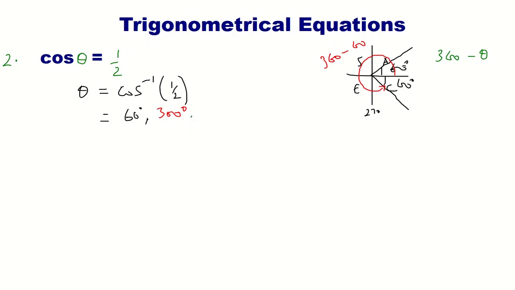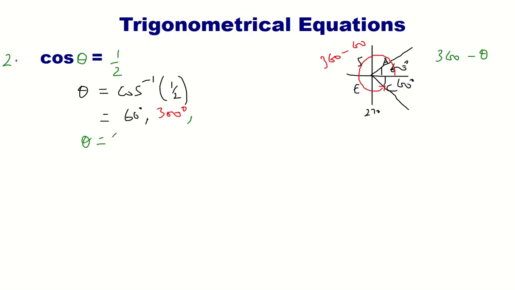Now we find other values of theta that give us this as a half. Since we don't have a range here, we can find both positive and negative values. So let's start with the positive values.